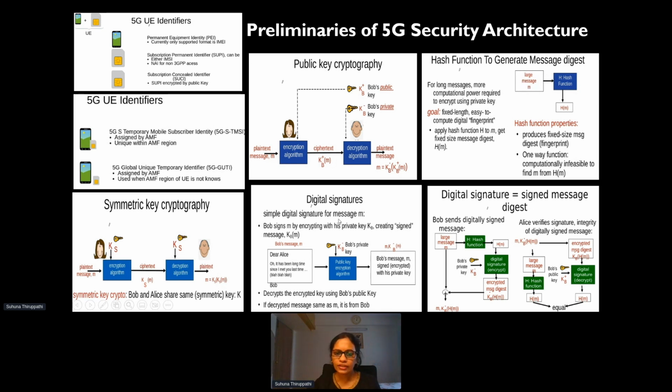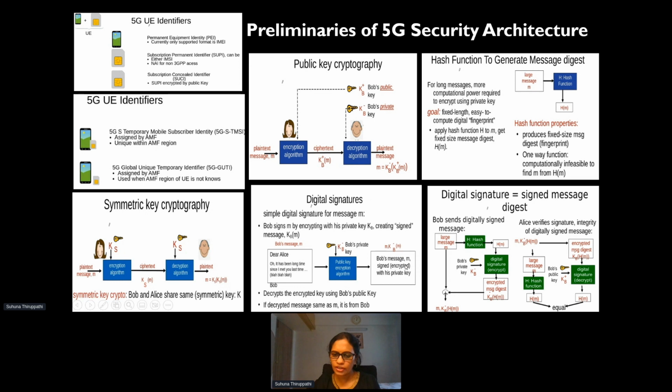Next, digital signatures, which are similar to public key cryptography, but the sender sends the message M along with the encrypted message. Along with that, the original message is also sent to the receiver, and the receiver takes the encrypted message, decrypts it and compares.